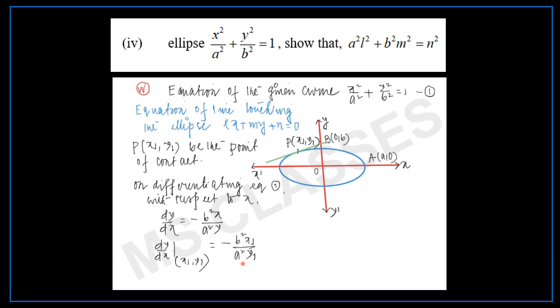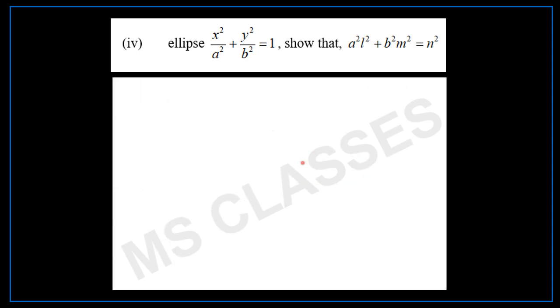Once we have the slope and the point of contact, we can find the equation of the tangent, which is given by y minus y1 equal to minus b square x1 by a square y1 into x minus x1.